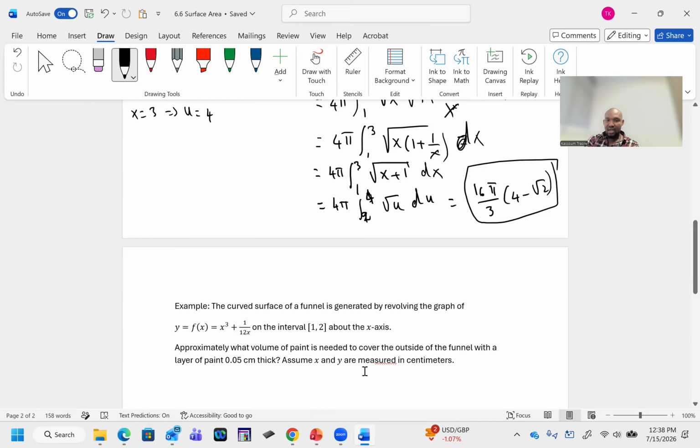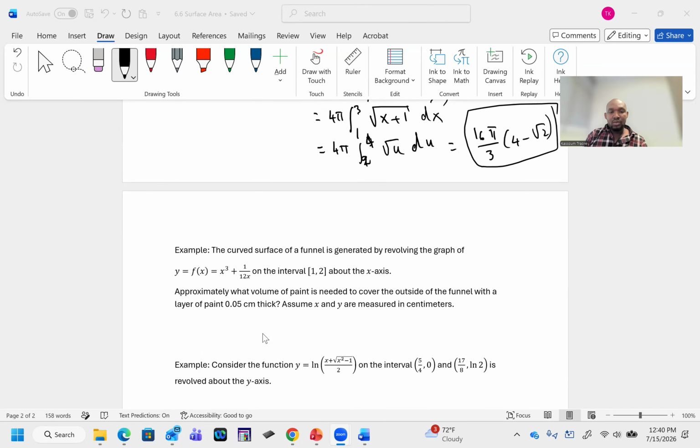Assume x and y are measured in centimeters. For this one, we will just find the surface area and multiply by 0.05 centimeter, right?